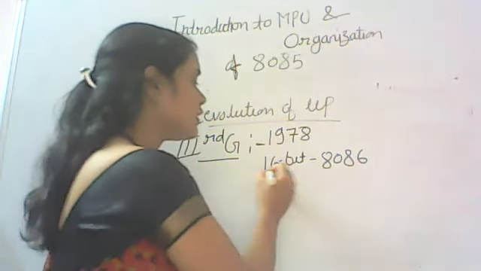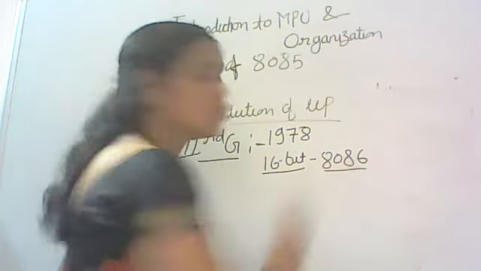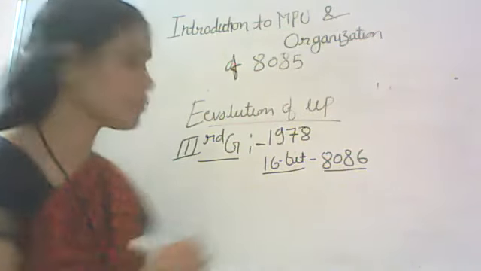In 1978, the first 16-bit microprocessor was introduced, that is the 8086.